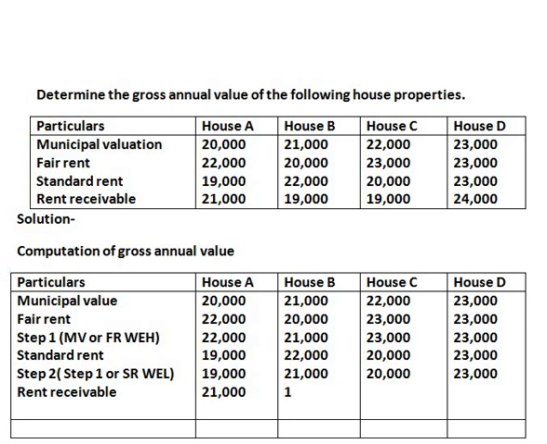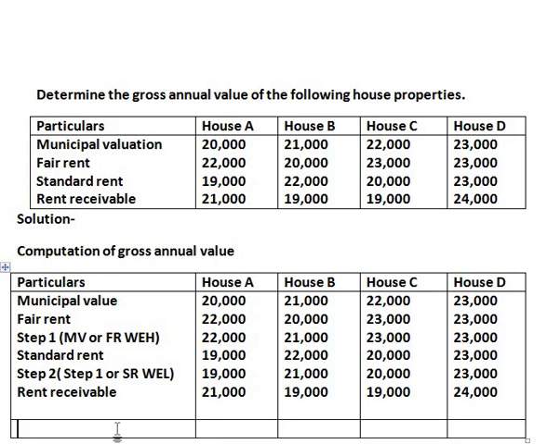House property B, it is 19,000. House property C, 19,000. And house property D, 24,000. So these are the rent receivables for A, B, C and D house property.